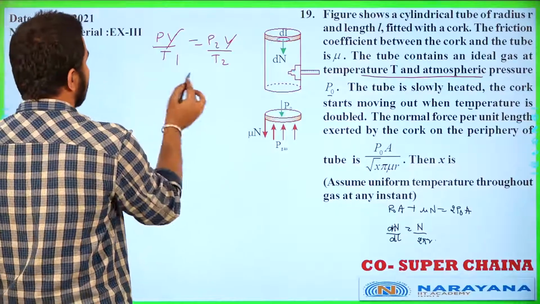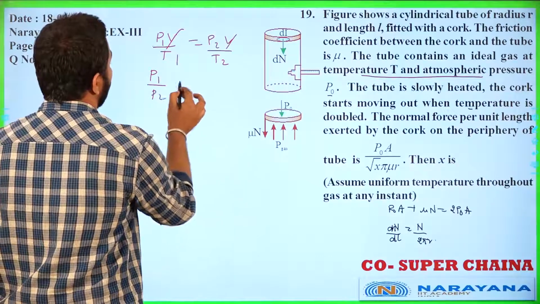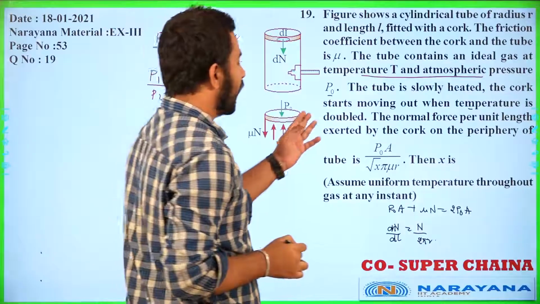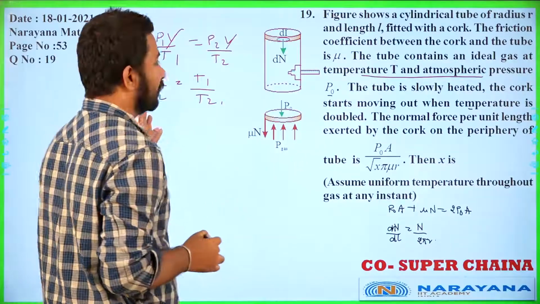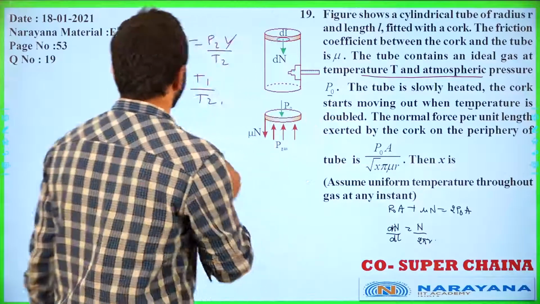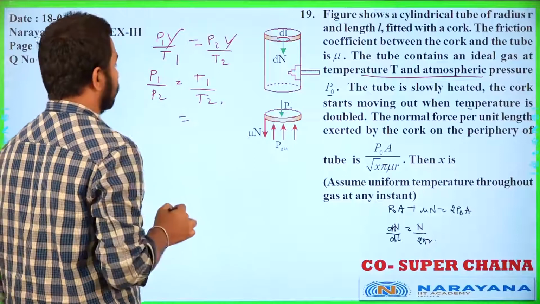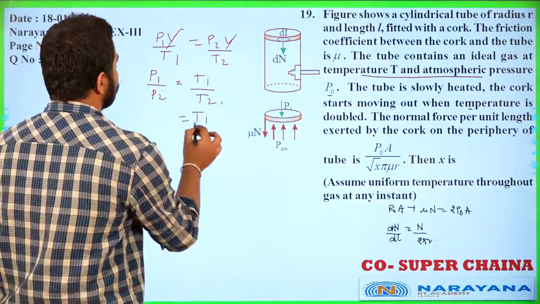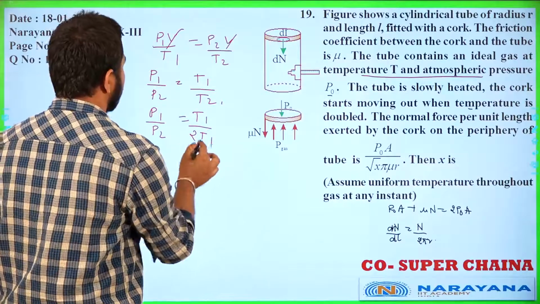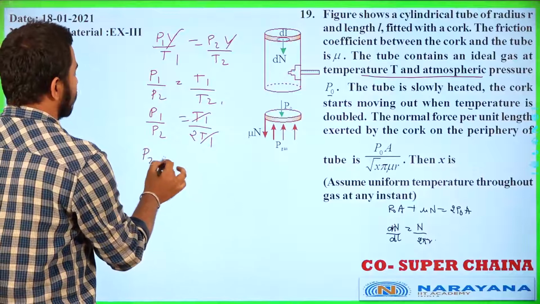We can write P1 by P2 as T1 by T2. We have to calculate the value of P2, because when the temperature is doubled, T2 is 2T1. So if T1 is cancelled out, P2 will be nothing but 2P1, right?